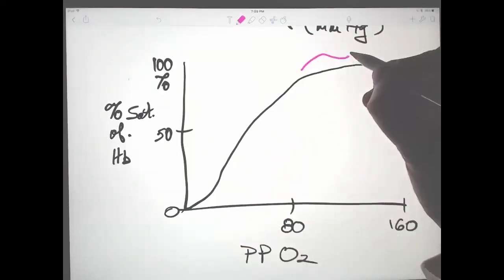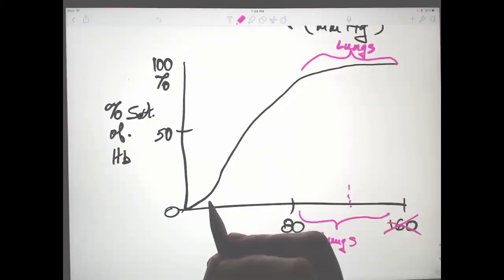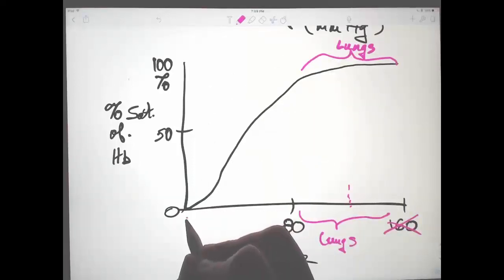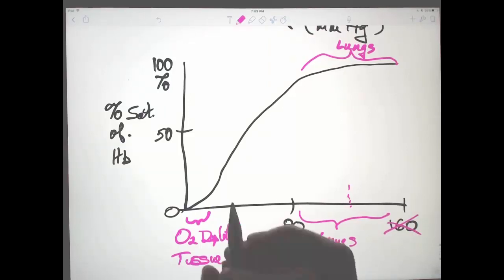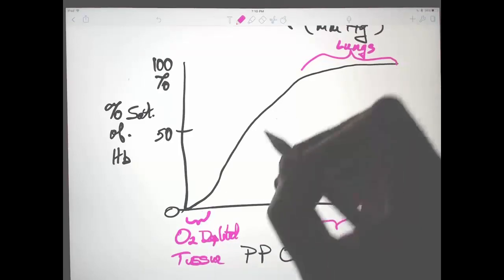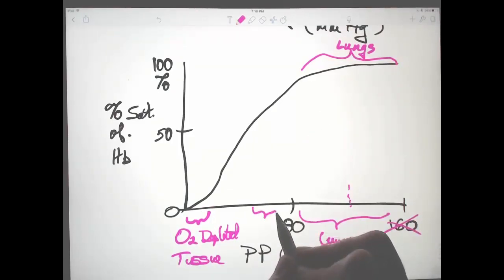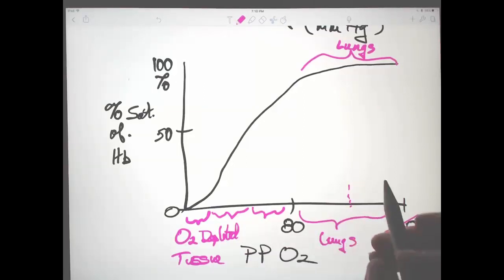In a mammal, this is the range of partial pressures in the lungs. And in severely oxygen-depleted tissue, we may be down at partial pressures of 20 and below. That would be typical of very hard-working muscle. We have areas where there's just partial depletion and areas where there's more moderate depletion.